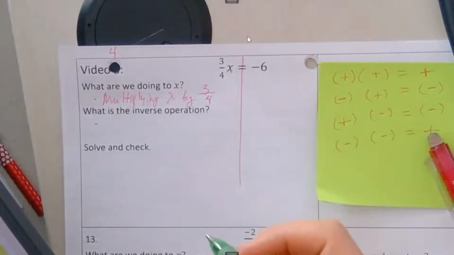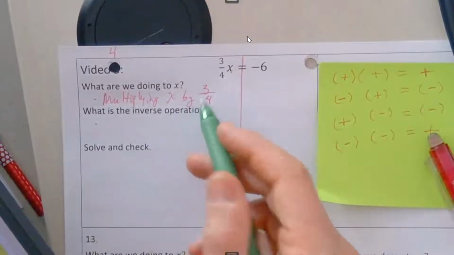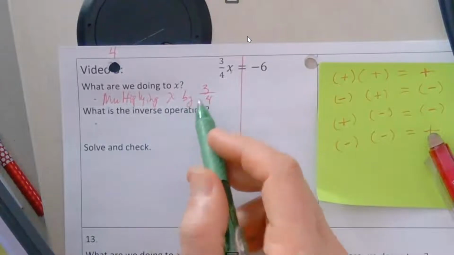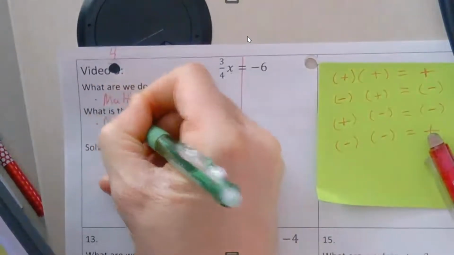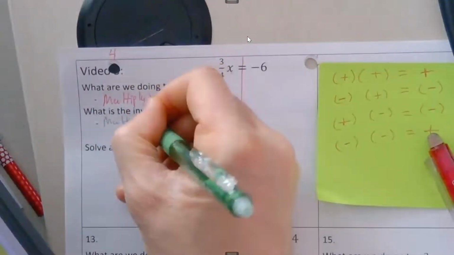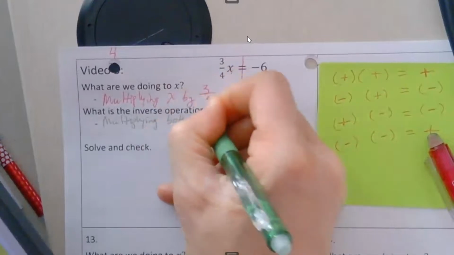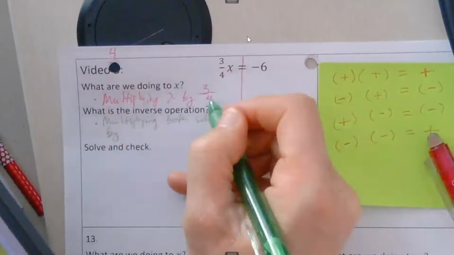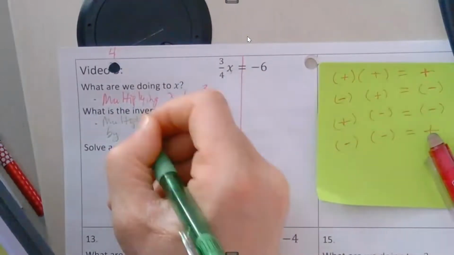The inverse of multiplication by a fraction is division, but we can also say it, and this is the way I want you to do it, multiply by the reciprocal. So it's going to be multiply for the inverse, multiply both sides, because we have to do it to both sides to keep the equation balanced, by the reciprocal. You flip the fraction over.